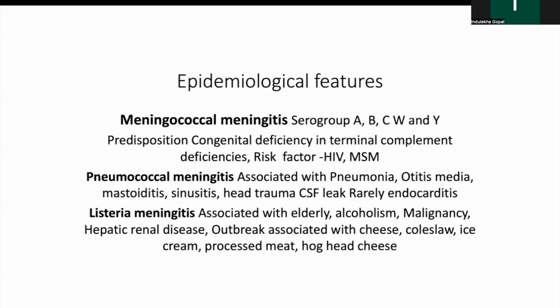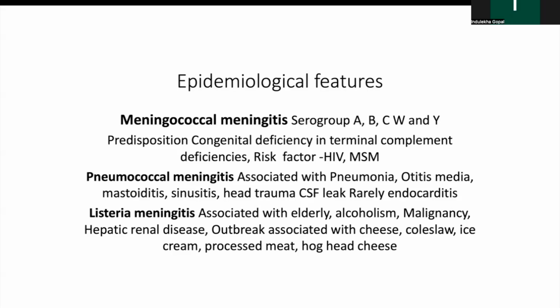Epidemiological features. Meningococcal meningitis, there are serogroups A, B, C, W, and Y. There is a predisposition for congenital deficiency in terminal complement deficiency. Risk factors mainly HIV, MSM. Pneumococcal meningitis is usually associated with pneumonia, otitis media, mastoiditis, sinusitis.